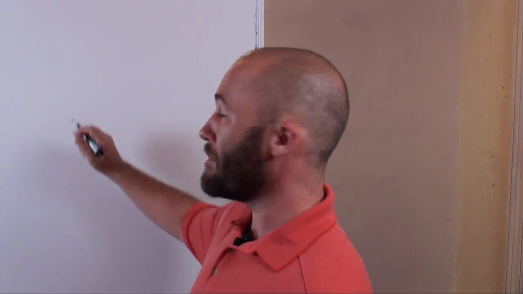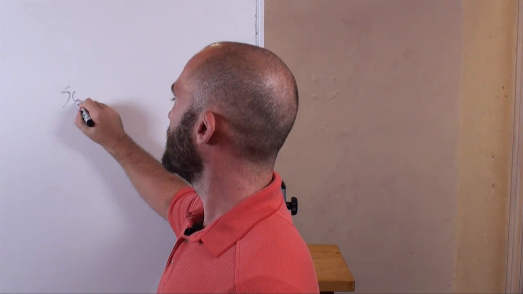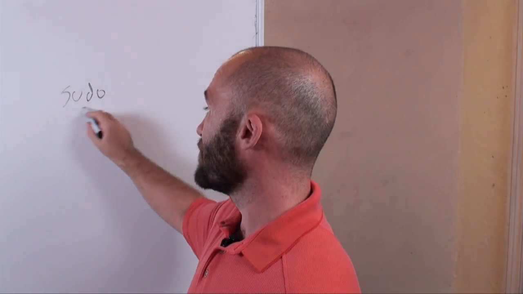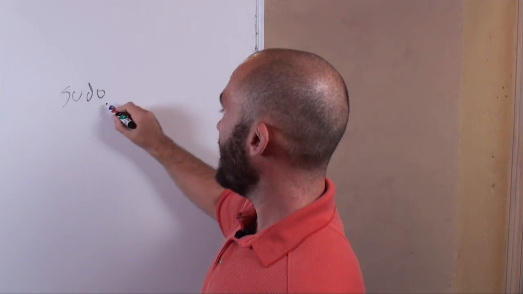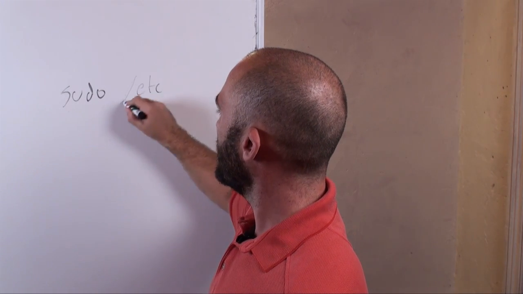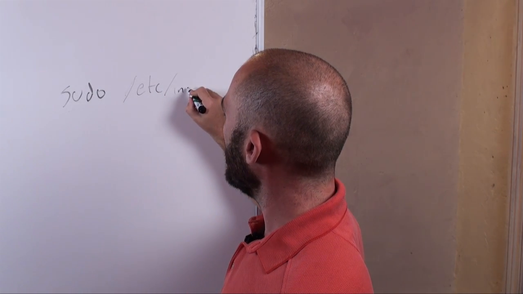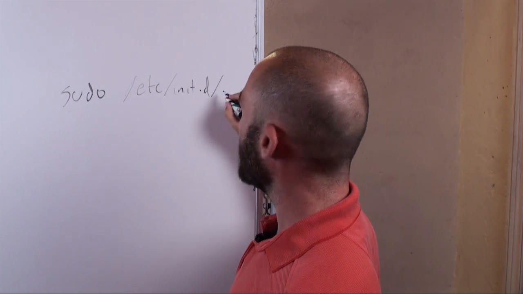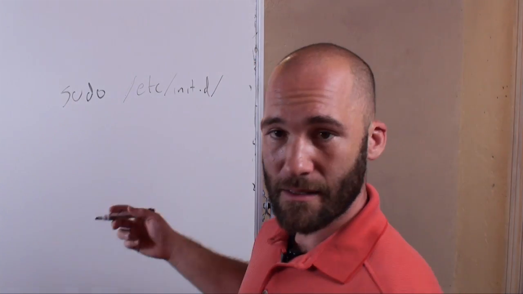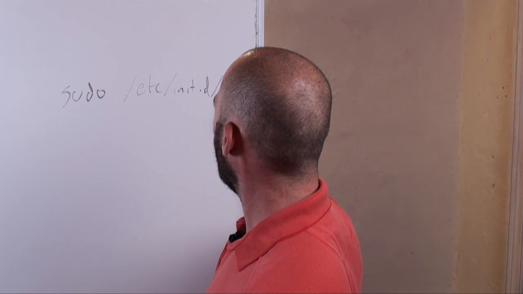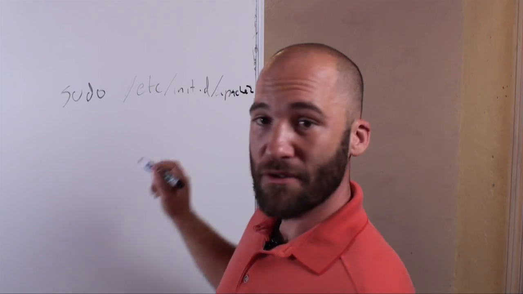Now, with this, what you need to do is type in the command sudo, remember, super user do. This basically means root do. You then have a space, /etc/init.d/ whatever the service is that you plan to be restarting. So it's apache2, and then you do a space.